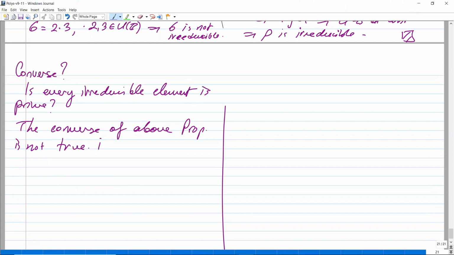Namely, there are integral domains in which not every irreducible is prime.